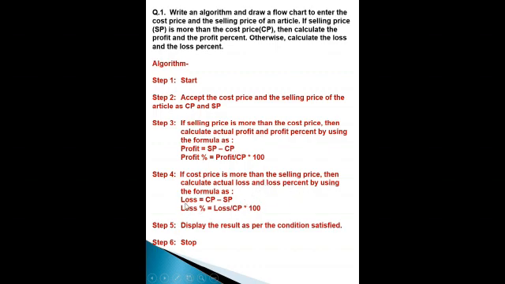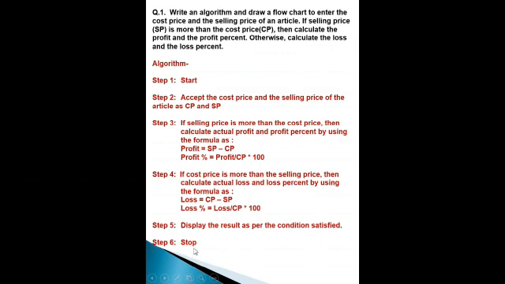So we put the formula of loss. Loss is equal to CP, cost price minus selling price, and loss percentage is equal to loss divided by CP multiplied by 100. Step 5, display the result as per the condition satisfied.